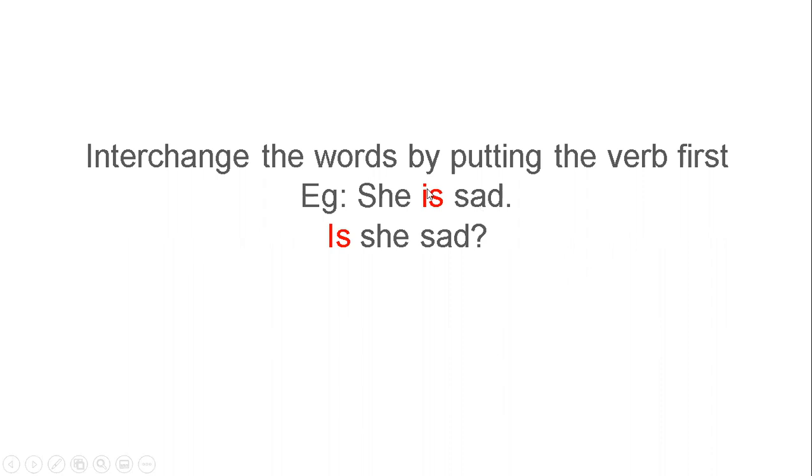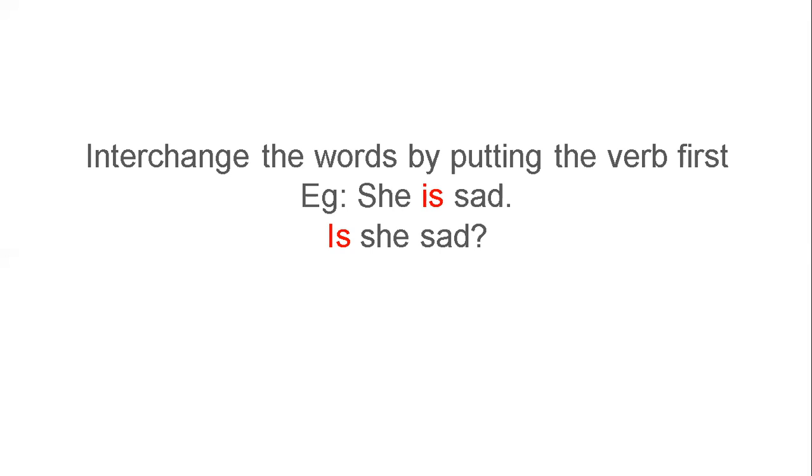That means change the position of the words in such a way that you put the verb first. So let's put the verb first, "is", and then put the rest of the words. Is she sad? And don't forget to put a question mark and, of course, a capital letter in the beginning. So I hope that this first rule is very, very easy for you to understand.